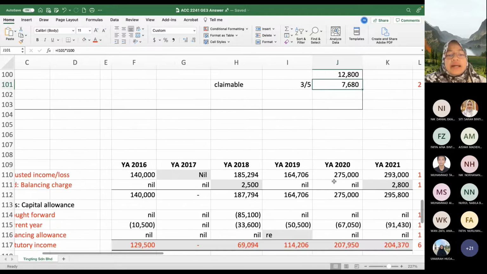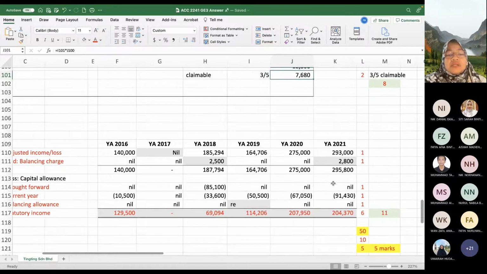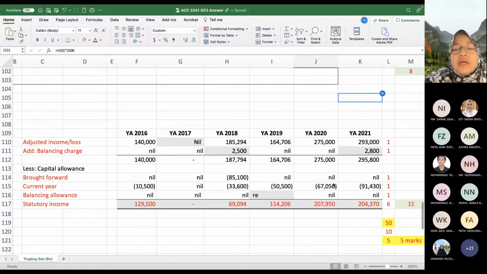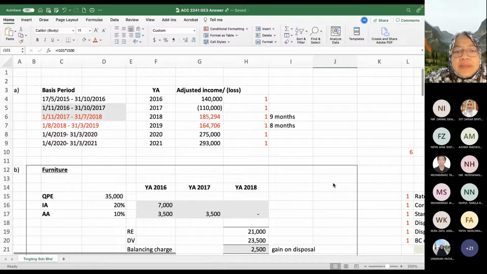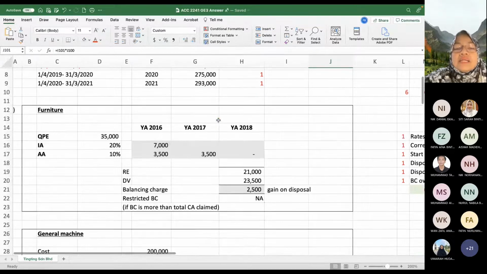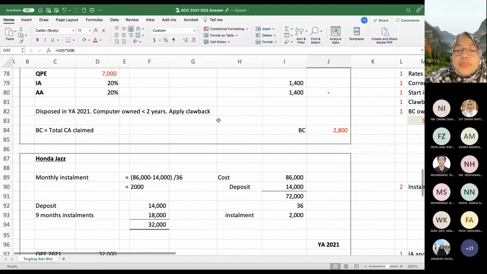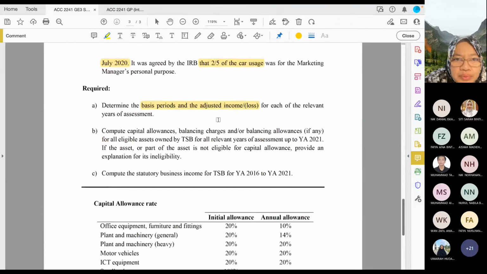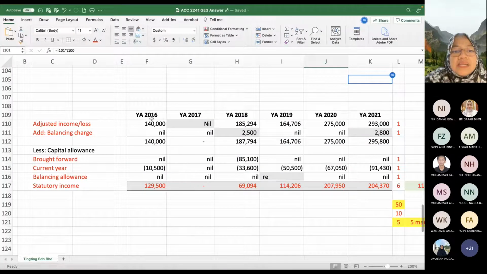More importantly, on the presentation or the application of what you have computed from the top, for example, the first part requires you to determine the adjusted income. The adjusted income is already computed. Because the question asks you to compute the statutory income for 2016 to 2021, the adjusted income here should come from the top, so whatever figure is there, you just plug in.